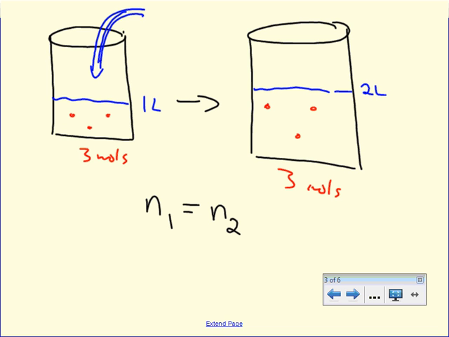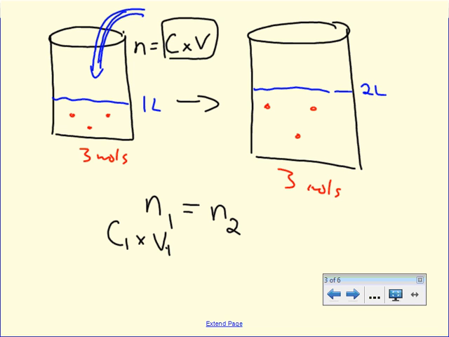If we remember last time, the number of moles is equal to concentration times volume. So I can just substitute this in. The number of moles in my first beaker is equal to the original concentration C1 times the original volume V1.